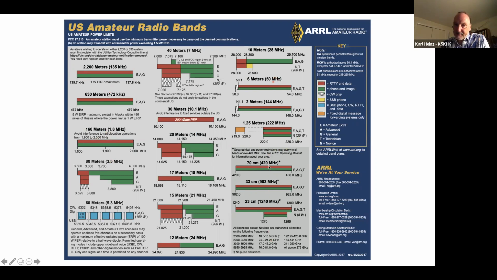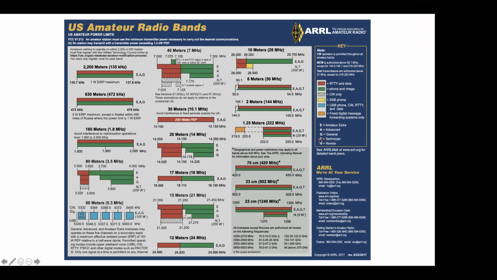And there are bands well beyond 6 meters. So for the first few, they have these little graphics. And then down here, we have a whole bunch of bands listed where we just say, okay, do whatever you want on those bands. And when you look at the key here, you can see what you can do.